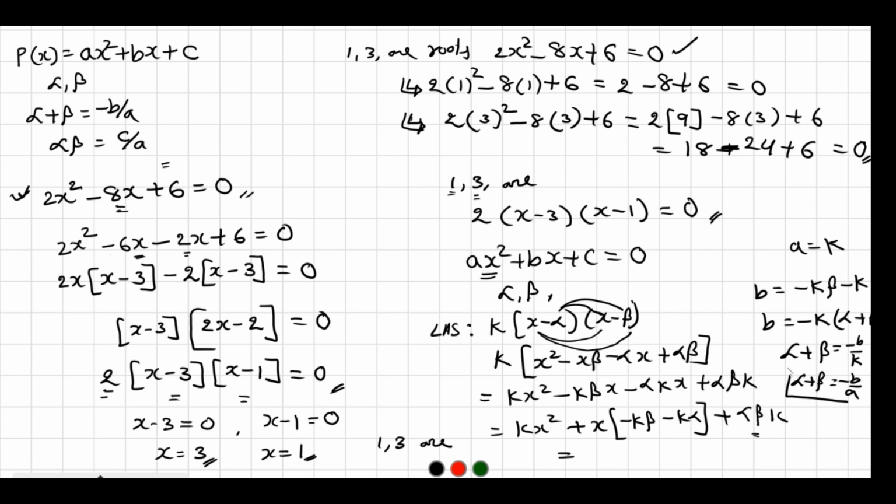This is the first derivation which you did last time. The other one: if you compare the constant, alpha beta, k is the a, is equal to c, then alpha beta becomes c by a. This is the other expression.